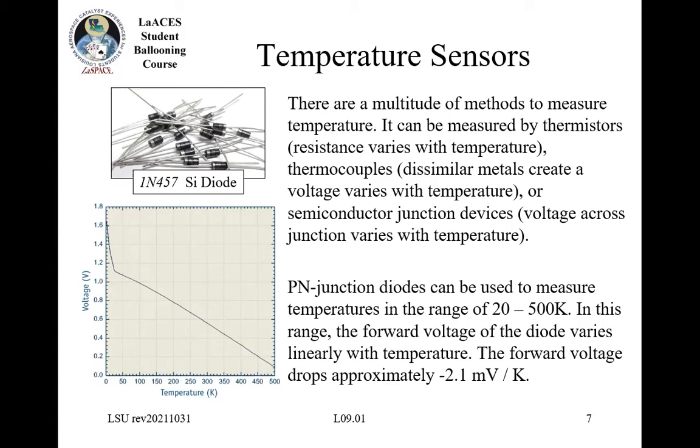Just for example, roughly it's about 2 millivolts per degree Kelvin or degree Celsius, right? The step change in Kelvin and Celsius is the same. But you can see that it's a decreasing linear relationship in this case. When it gets hotter, the voltage drop gets lower.